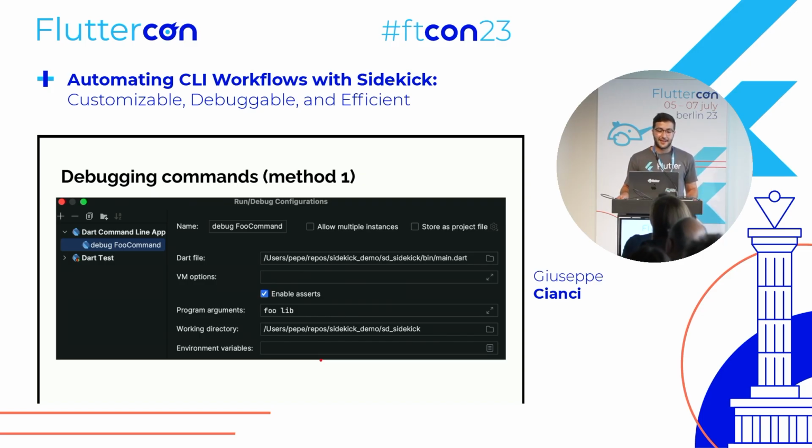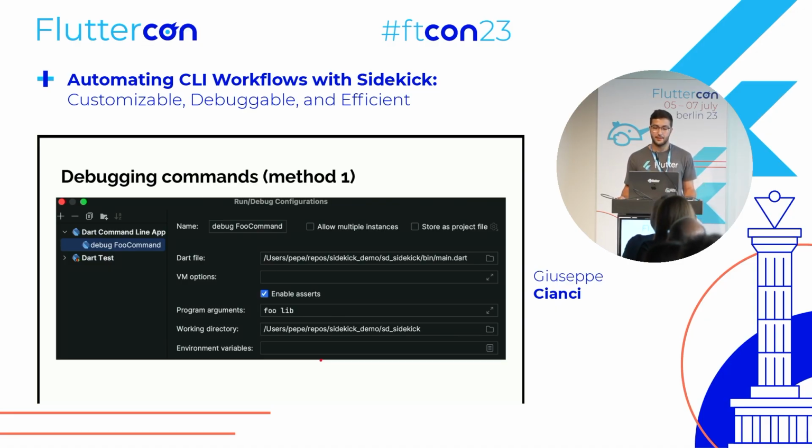Let's now take a look at how to debug CLI commands. And because we're good developers, we're going to debug with breakpoints, not print debugging. That doesn't count. So first of all, of course, you set your breakpoints in the IDE, and then you have to somehow start your CLI and get it to hit the command code. And there's two methods to do this.